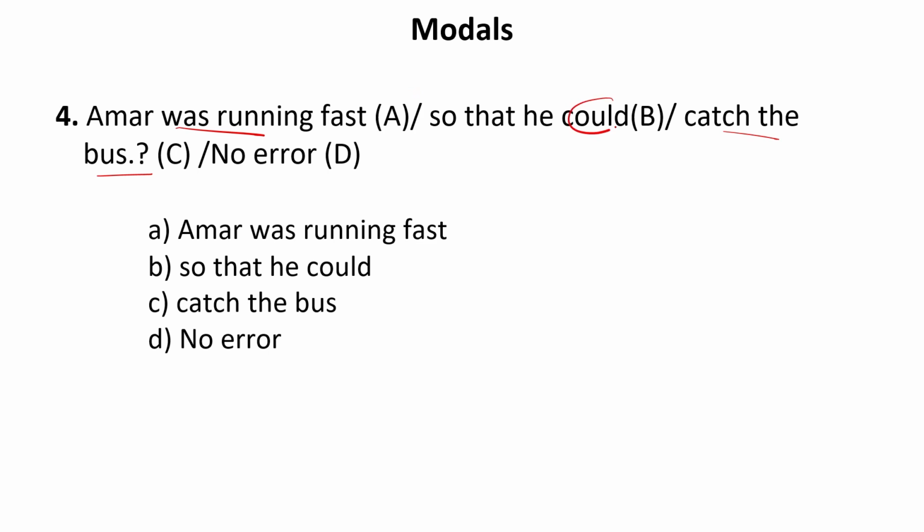So in this case, could should be replaced with may, so that he may catch the bus. But the sentence given is in past, so it should be might, so that he might catch the bus. So the correct answer will be B. This part B contains the error. So our answer is B. Could should be replaced with might.